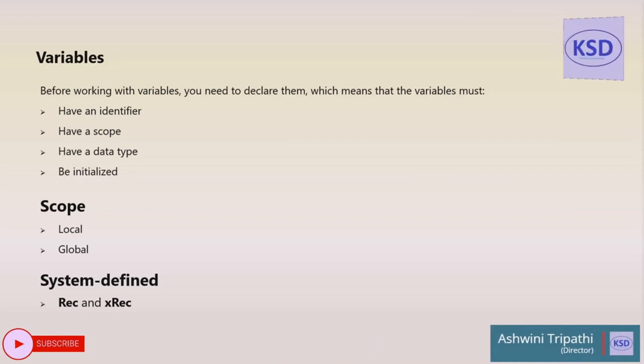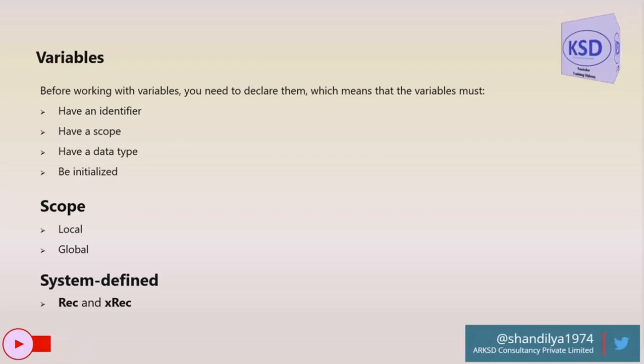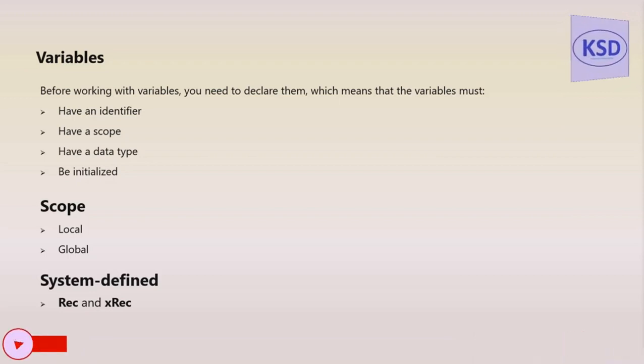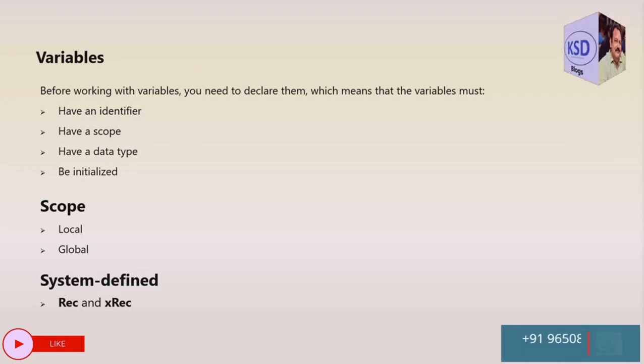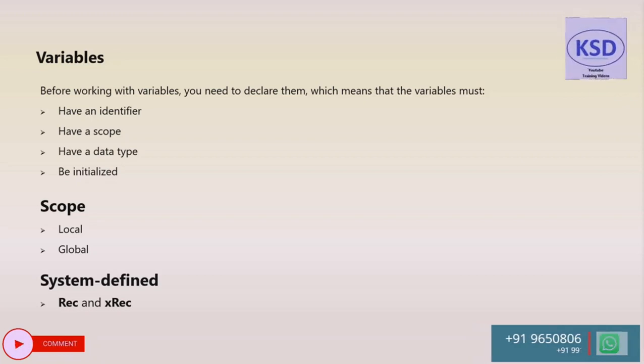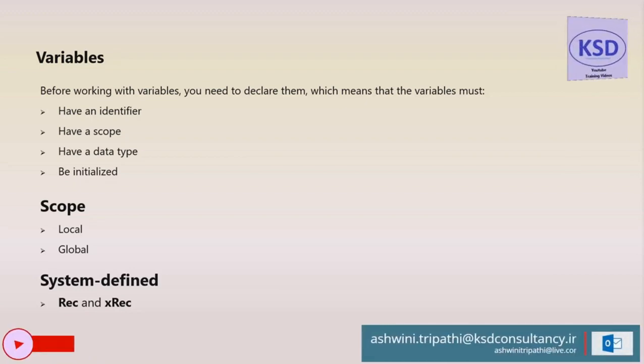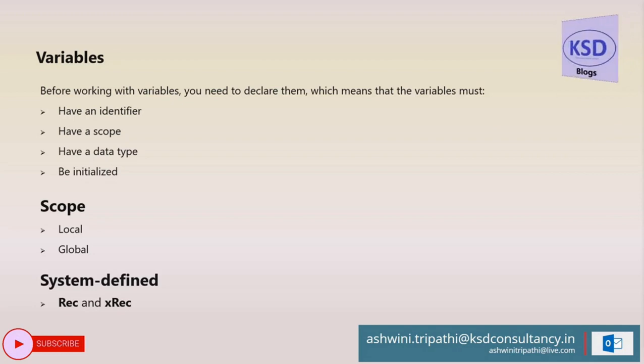Similarly, a string variable has an initial value of an empty string, meaning a blank string. A boolean variable has a default value of false.